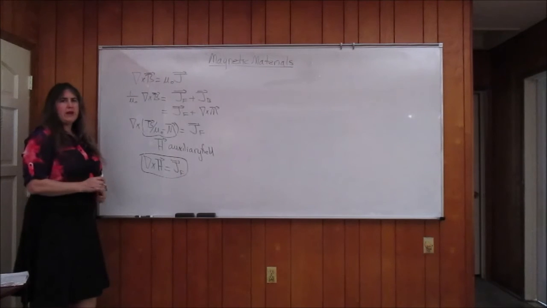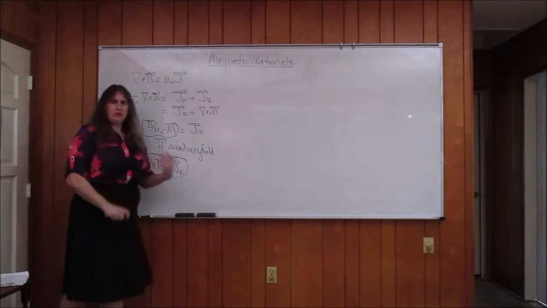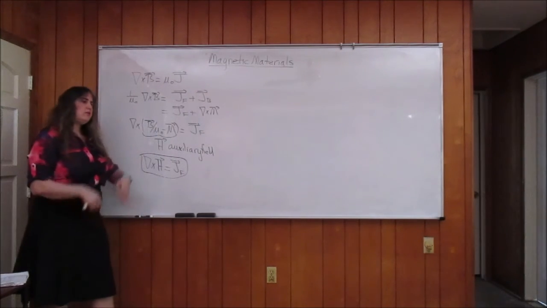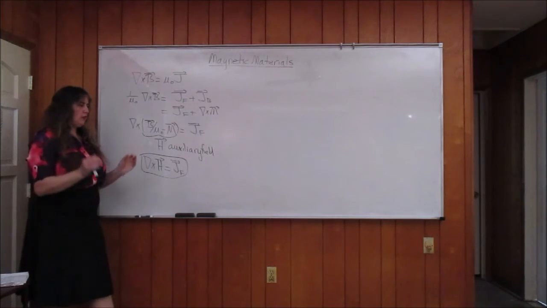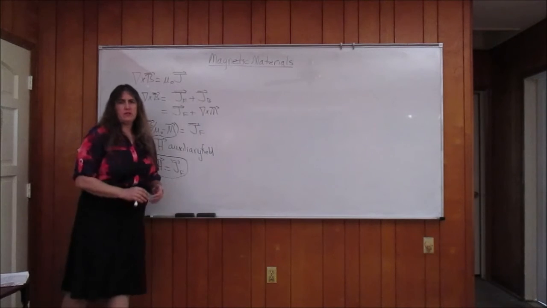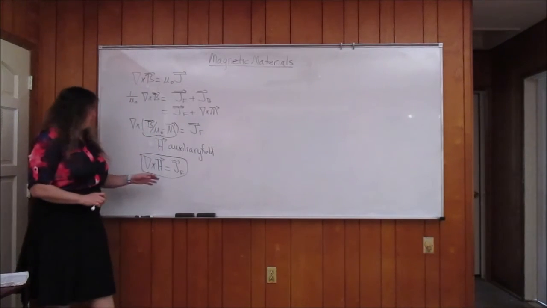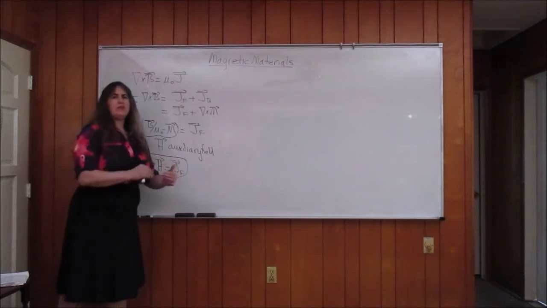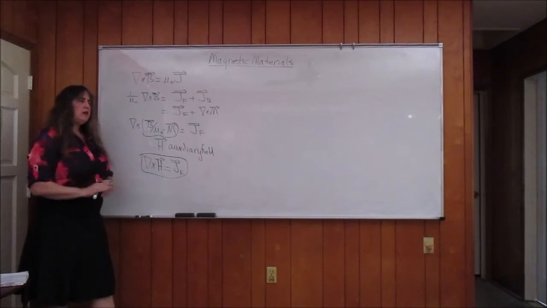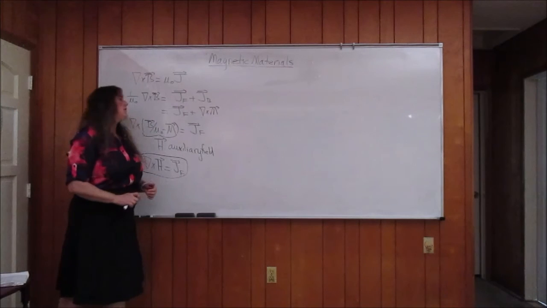Call back to electrostatics. We introduced the electric displacement because in certain cases it's a lot more convenient to work with D, where you actually make the free charges explicit and separate things out nicely. It made problem solving a little bit easier in some cases.